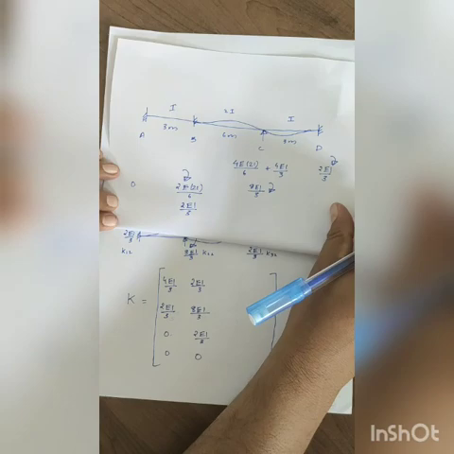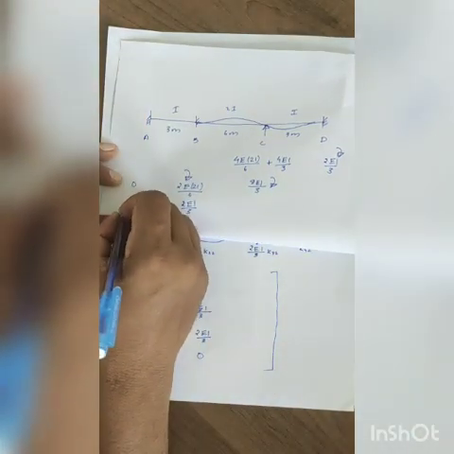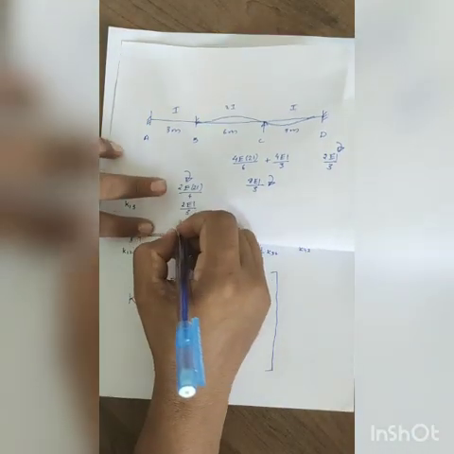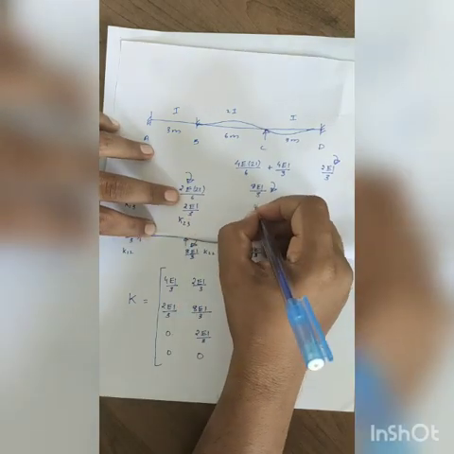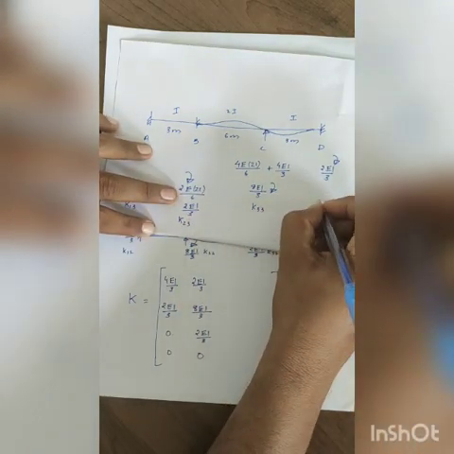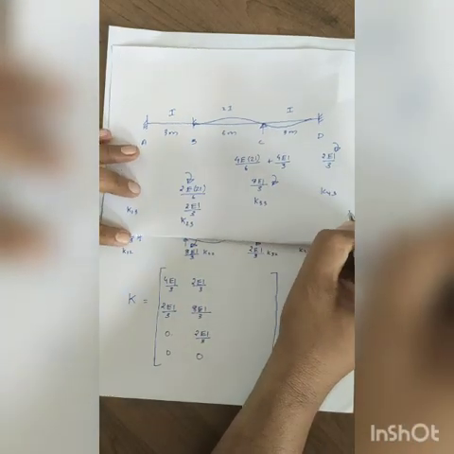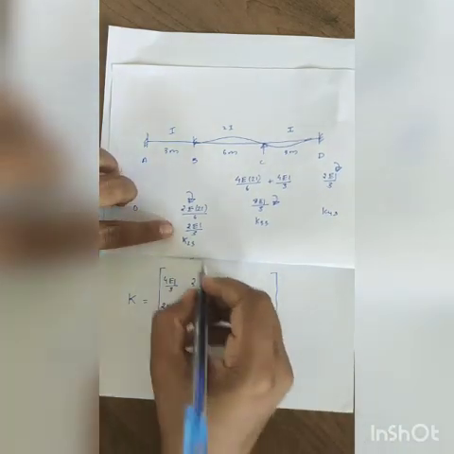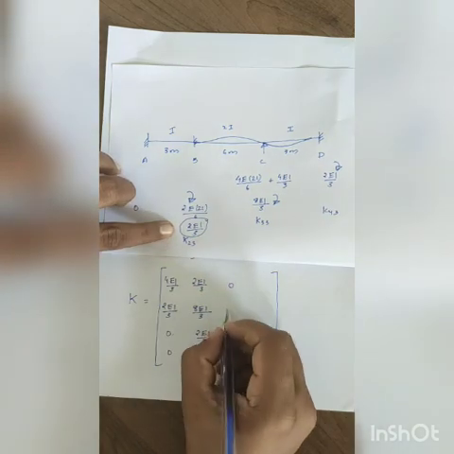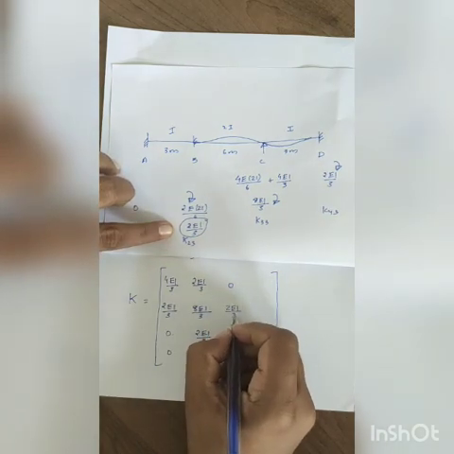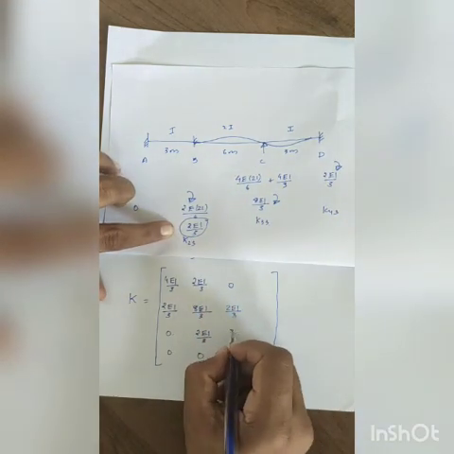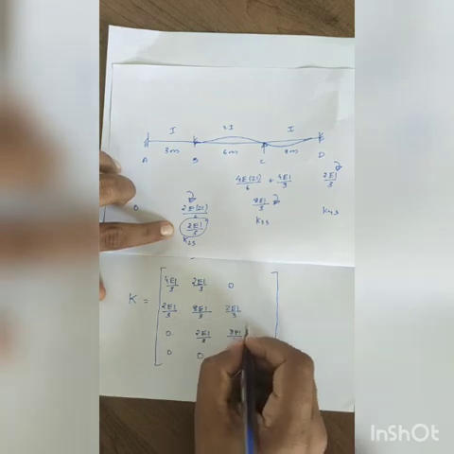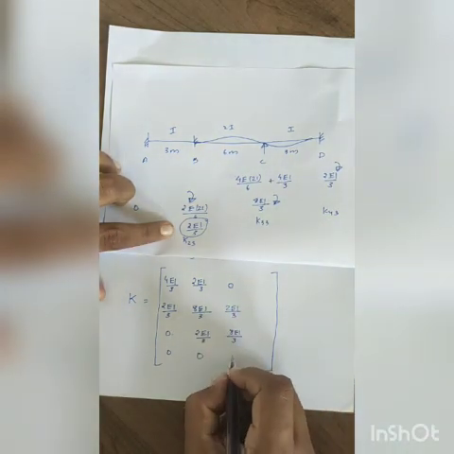So if I write these moment contributions in my third column, this is K13, this is K23, this is K33, and this is K43. The values are 0, then 2EI by 3, then 8EI by 3, and finally 2EI by 3.